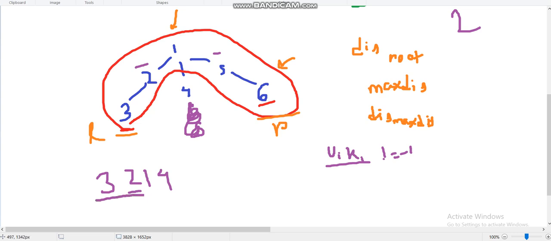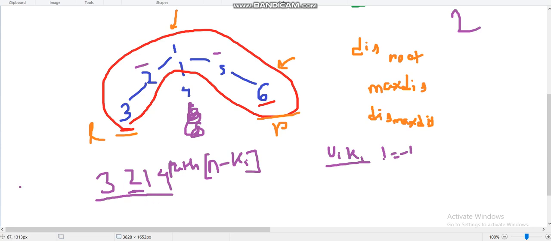So we store the path from L to ui, and let's say the path length is n. We return the element at index n minus ki from the path. So 2 will be returned from this.